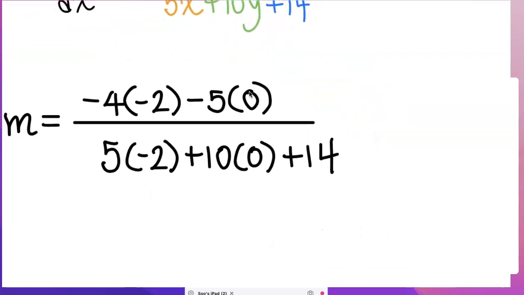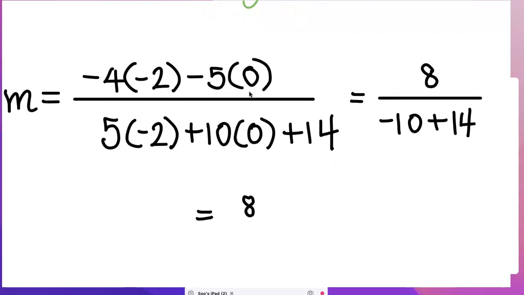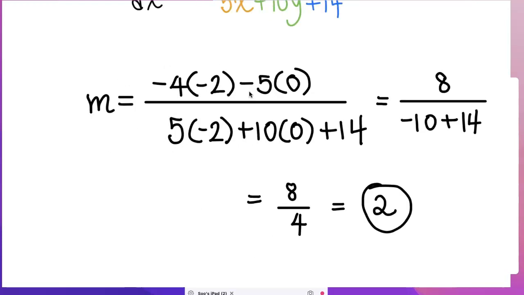If you simplify this, the numerator is positive 8, and the denominator is negative 10 plus 14, which gives me 8 over positive 4. So the final answer, the slope of the tangent line at this point, is positive 2.